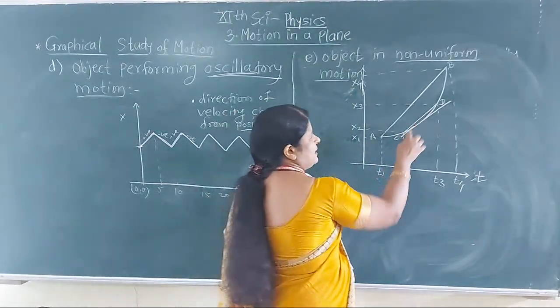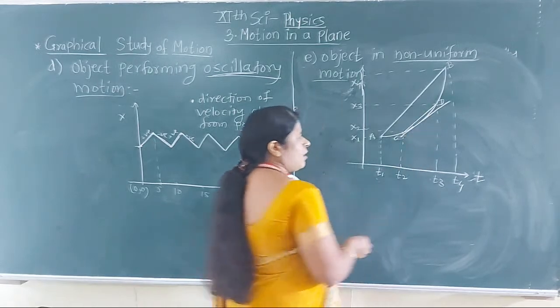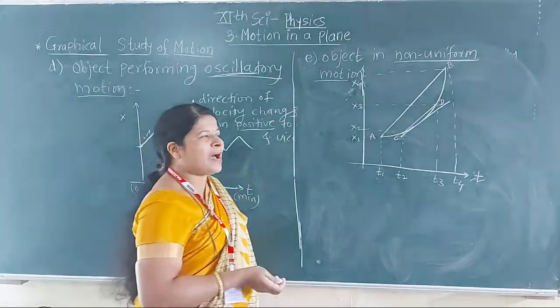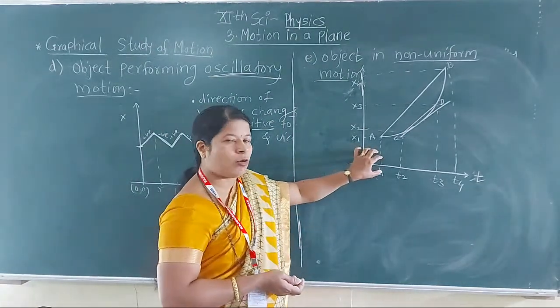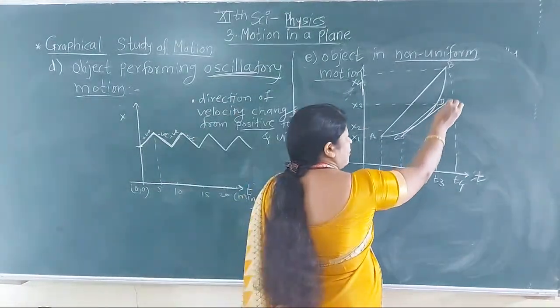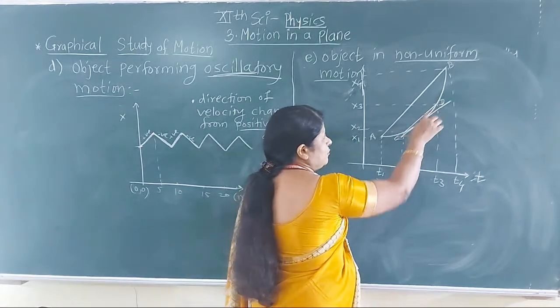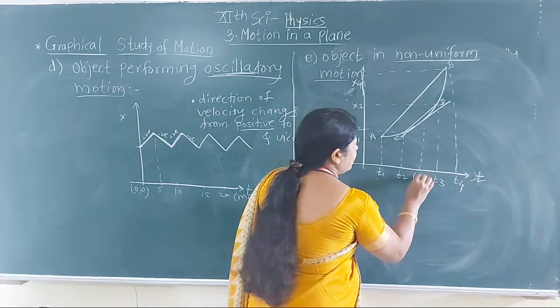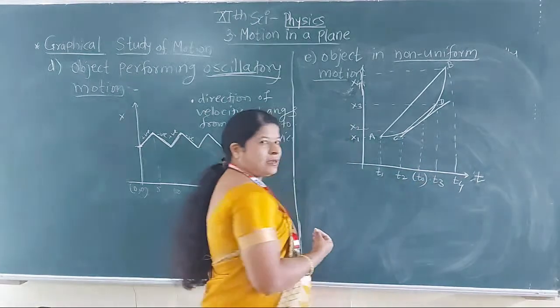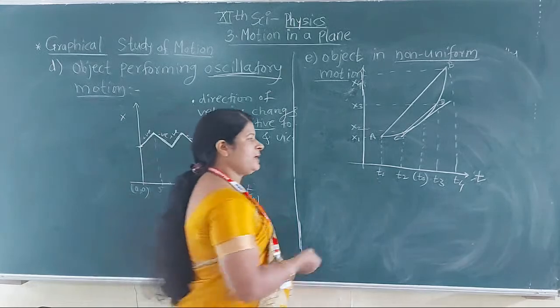Now, if we want to find the slope of the motion of the object, then we draw a tangent to this curve and we get the slope of the graph at t0.